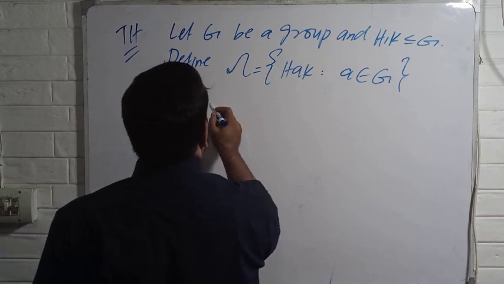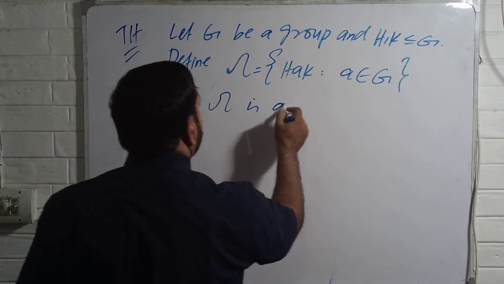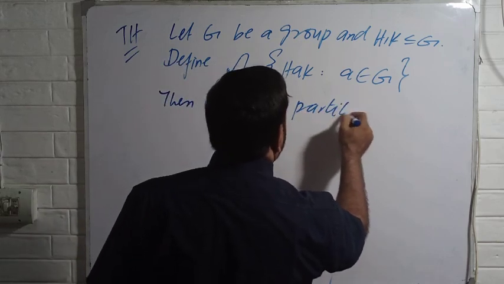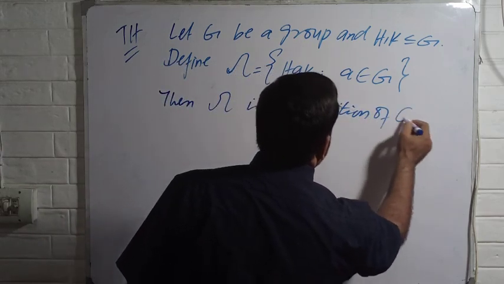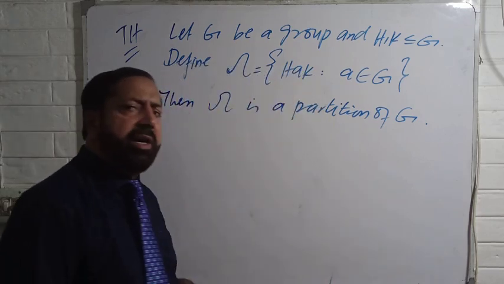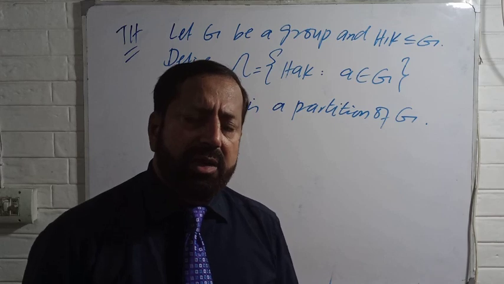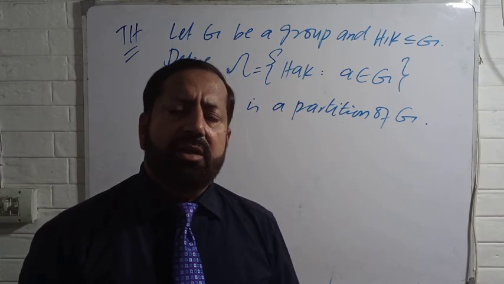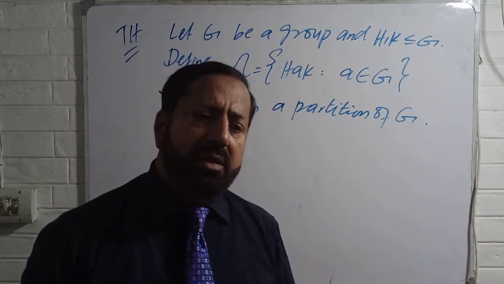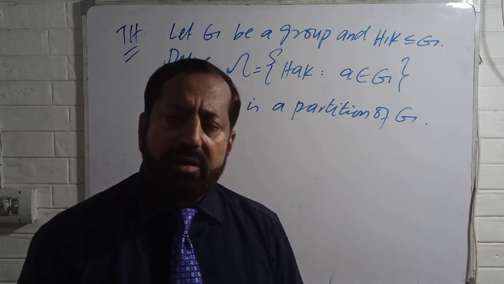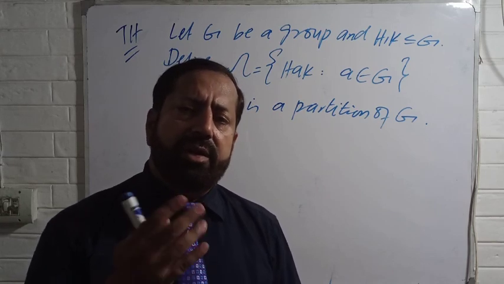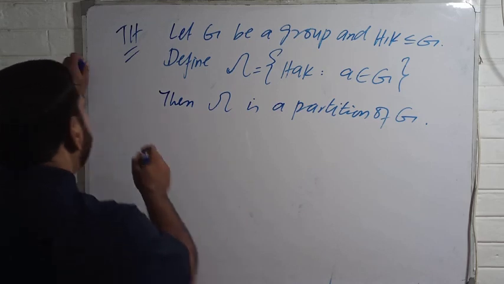Then omega is a partition of G. Okay, to prove that omega is a partition of G, we need to show two things. One is that any two members of omega are disjoint, and secondly their union is the entire G. So, proof.